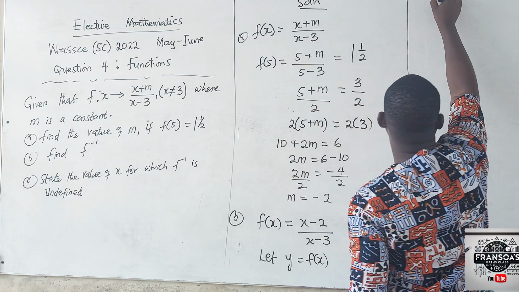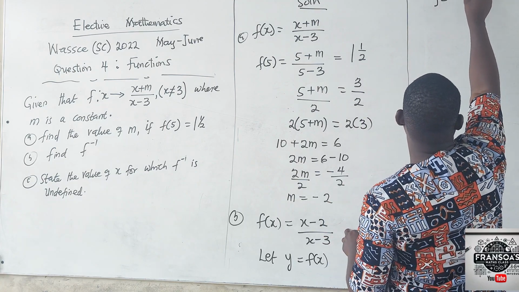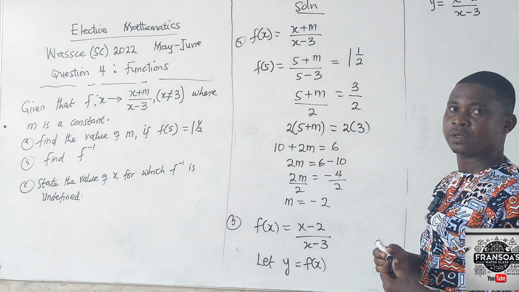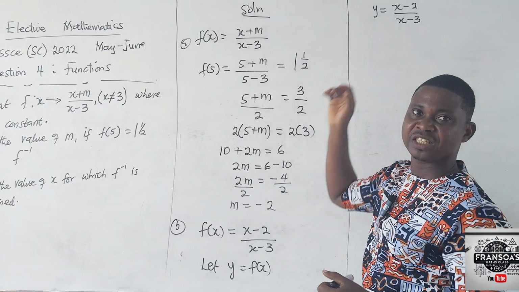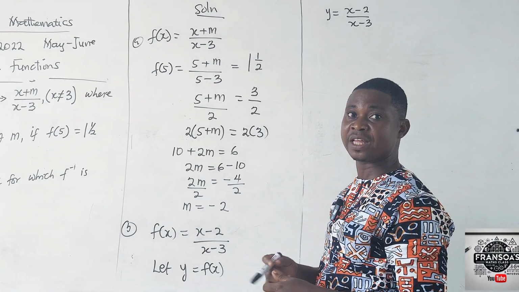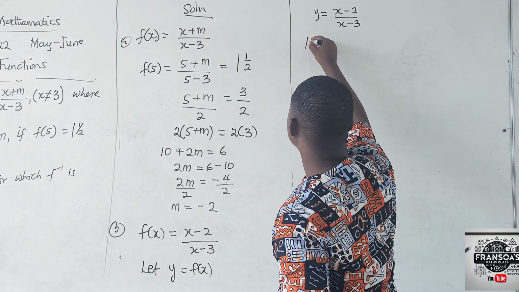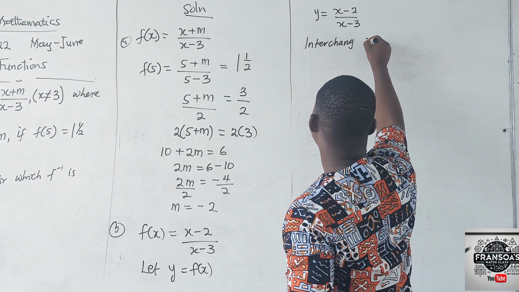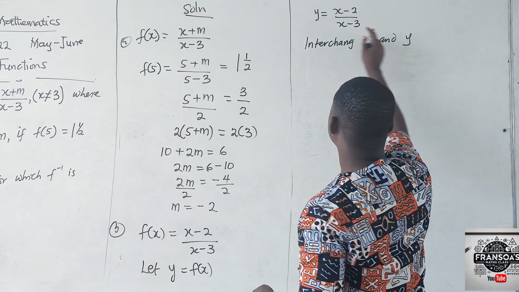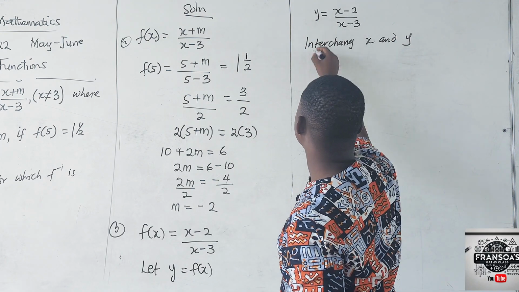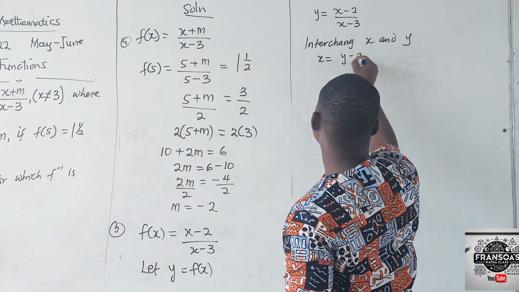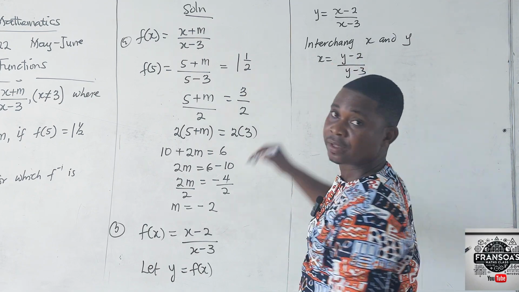So y is equal to x minus 2 over x minus 3. The next step is to interchange the positions of x and y, because you are supposed to find the inverse. So wherever you see x, you put y there. So x is equal to y minus 2 over y minus 3.